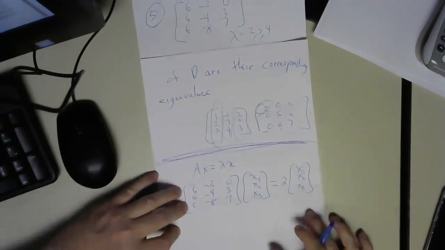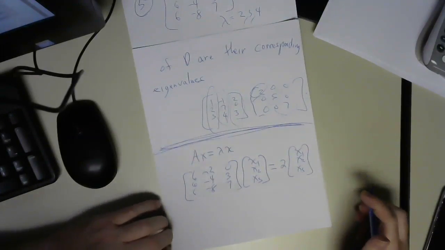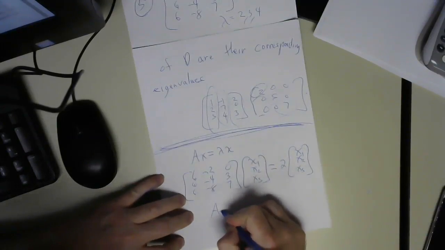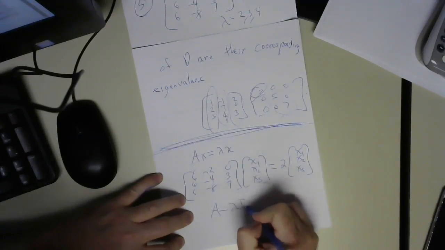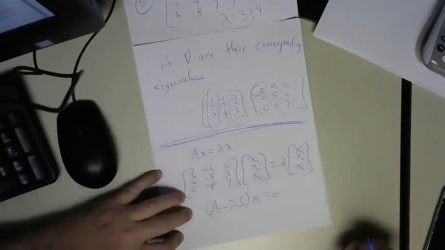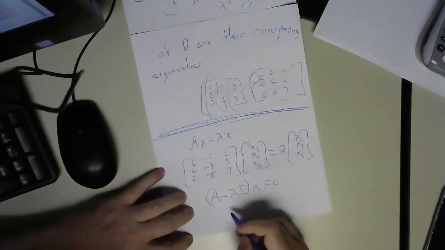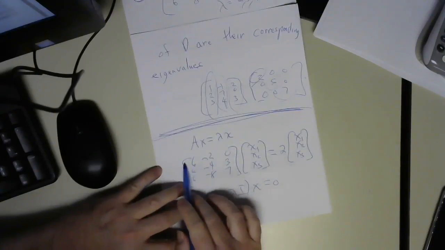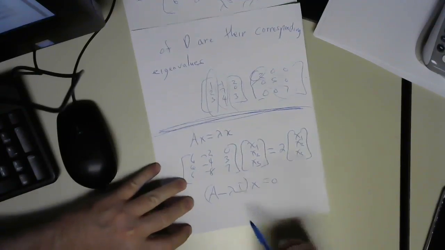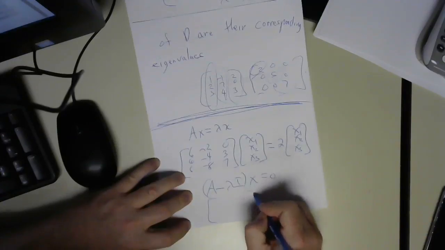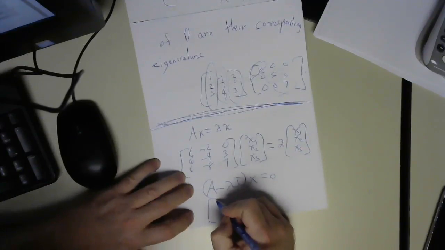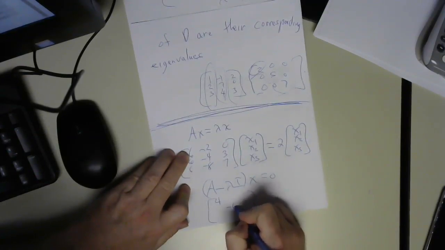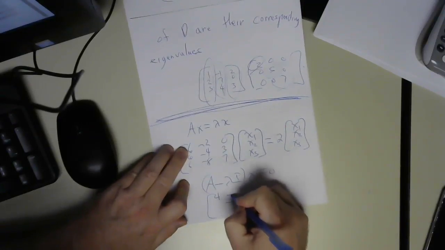So I suppose that's one way to write it. So remember, we always put these things in the following form: A minus lambda I times x equals 0. So let's write out this matrix. So remember, you just have to subtract 2 from all the diagonal elements, essentially, to get this matrix. So that'd be 4, -6, 5. All the rest of them are the same.